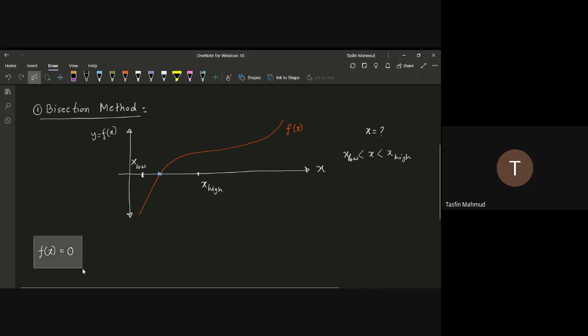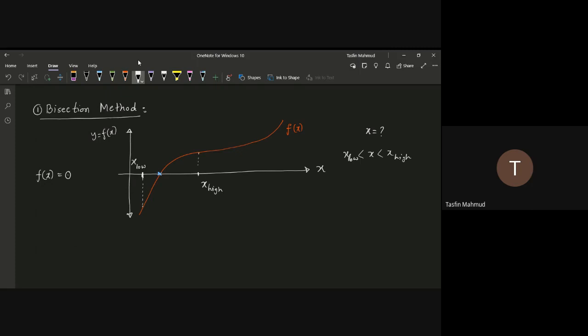Okay, so our first step, the method is the bisection method. So what we are going to do, we will divide the interval by 2 each time. First we will check the function value at x low and the function value at x high.